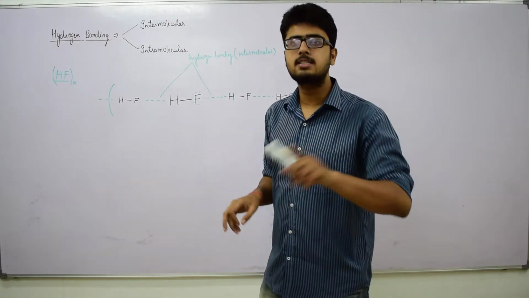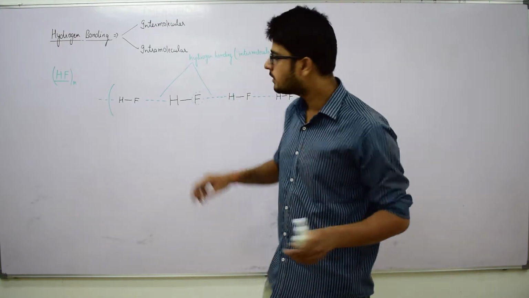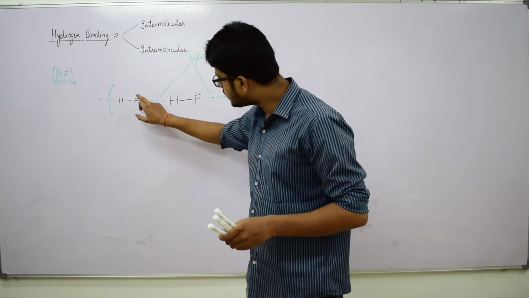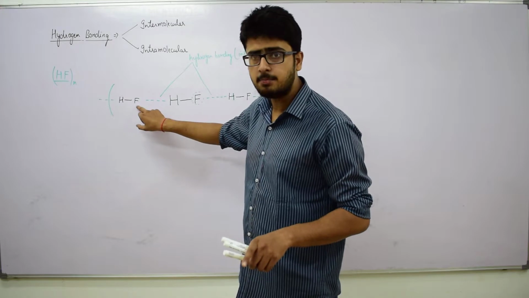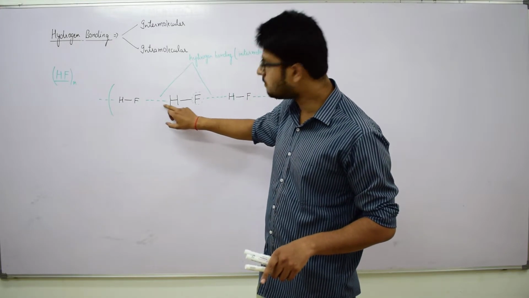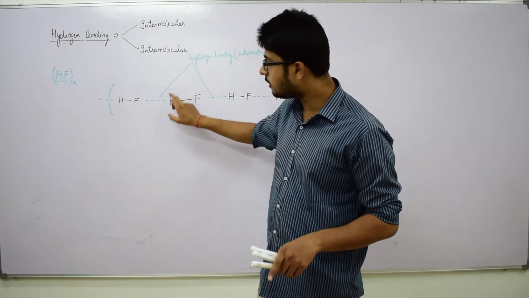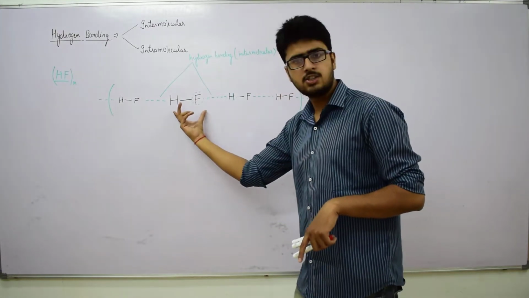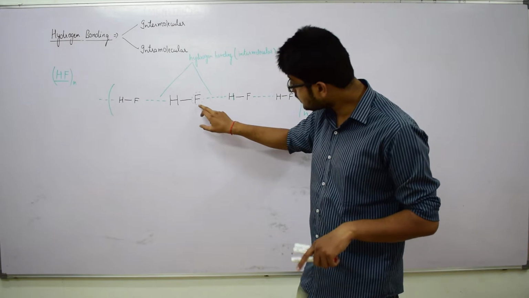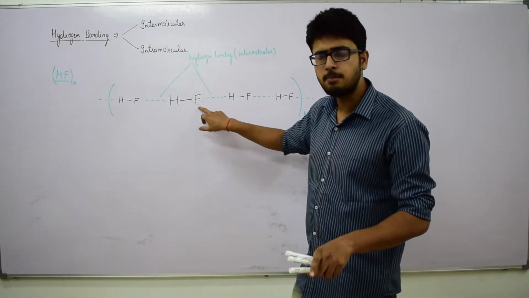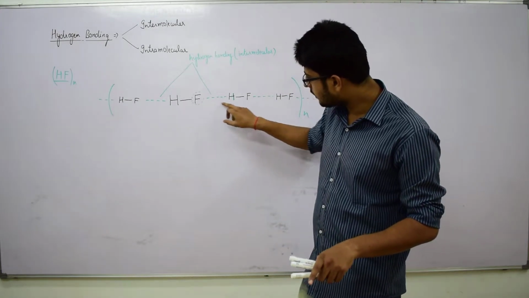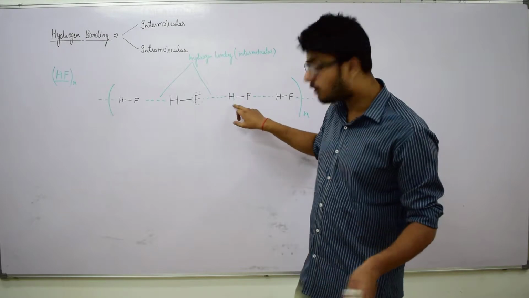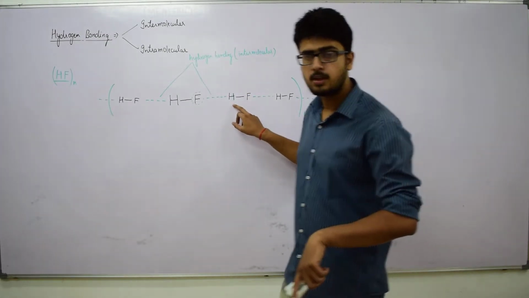In the HF molecule, the more electronegative fluorine atom will form a hydrogen bond with the hydrogen atom of the next HF molecule.